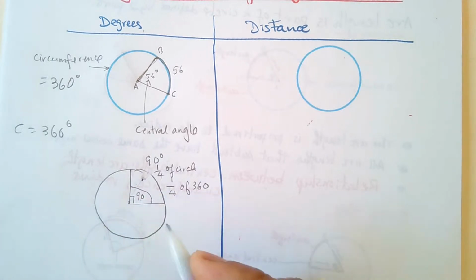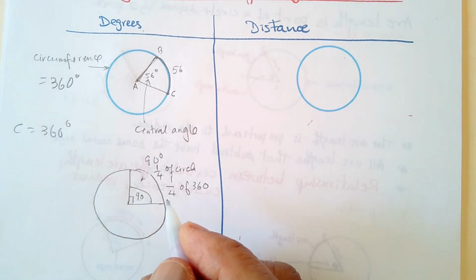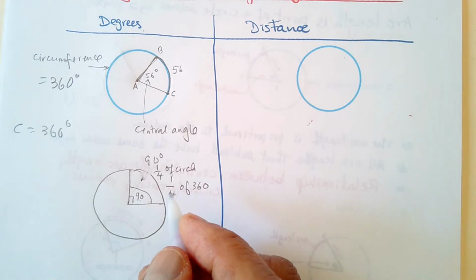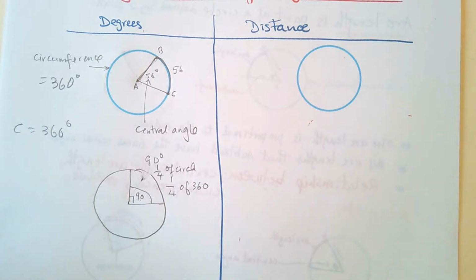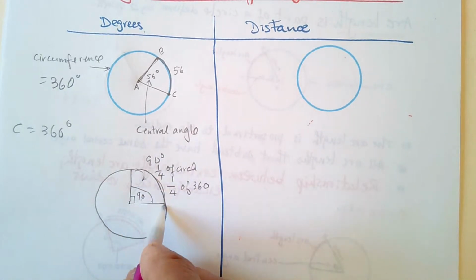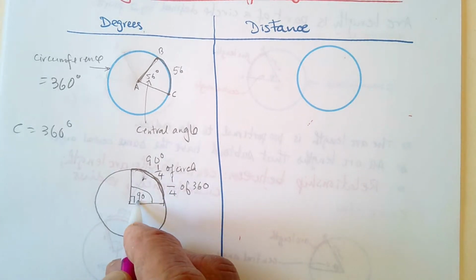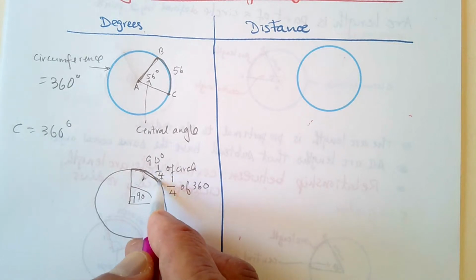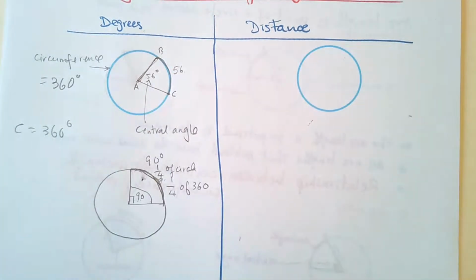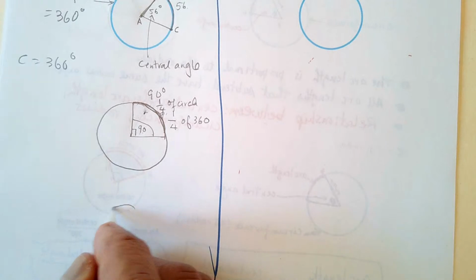So the arc length and the central angle are the same. You can go to another one here.